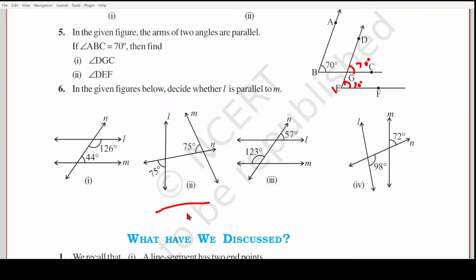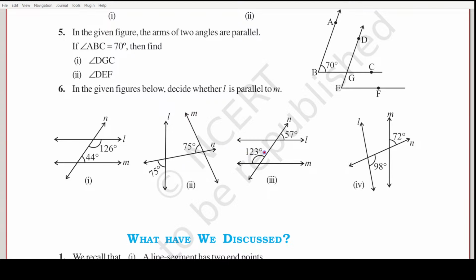But these are not corresponding angles. See, if this is 75, what should this be? This should be 105, right? It should be like this. I got confused with the first one because the lines look parallel. They're almost parallel, but not parallel.